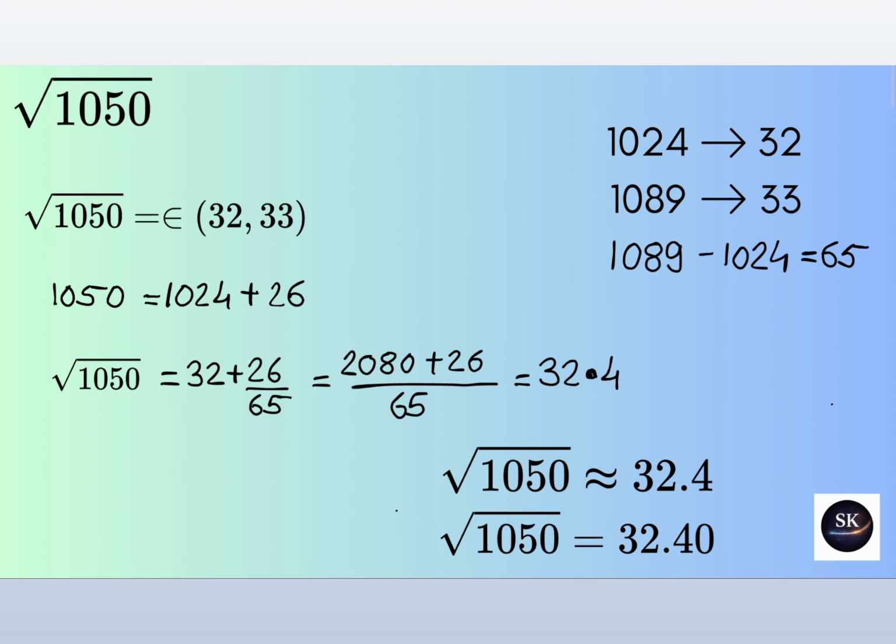So traveling 26 parts ahead from the lower square root 32, between 32 and 33, should give us the root of 1050. Calculation is similar and the answer is 32.4, which is again a pretty good approximation. As you can see, even if the numbers get big, the method doesn't fail. For bigger numbers, the by hand calculation will get a little longer, but you can still do it without the use of a calculator.